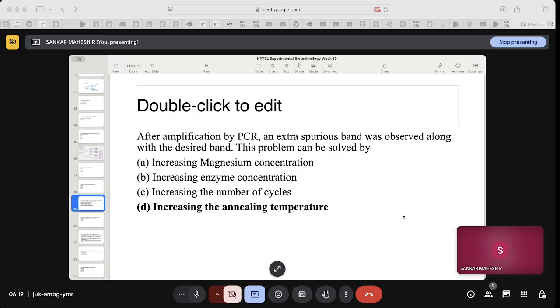You can take a couple of minutes to think about this. First, one can tell me what they understand by an extra spurious band along with the desired band. Once I know that you're able to understand the question well, then we'll discuss why this could happen.